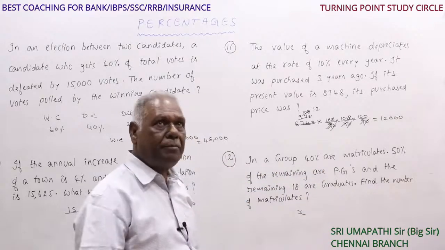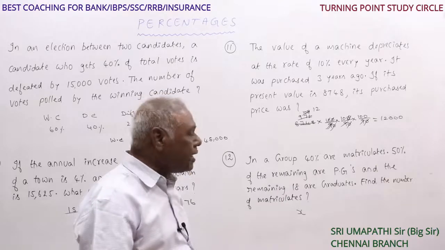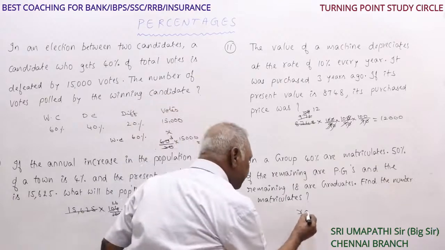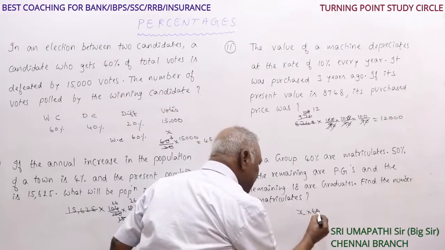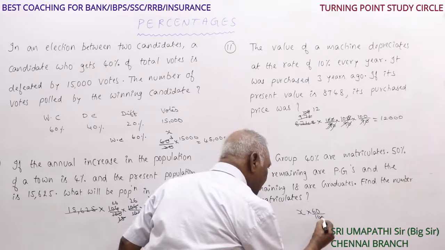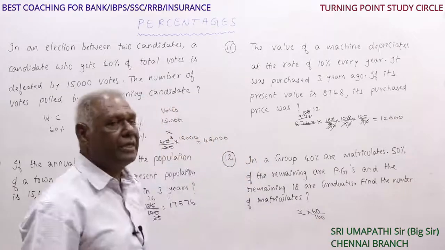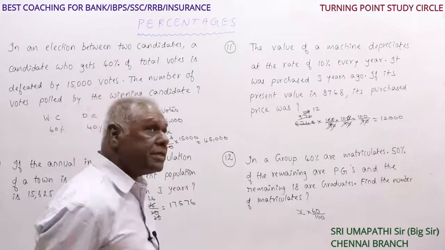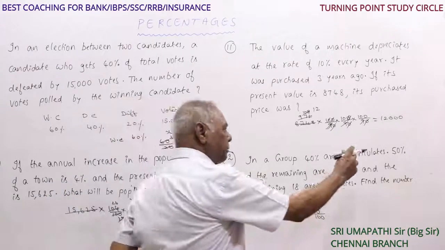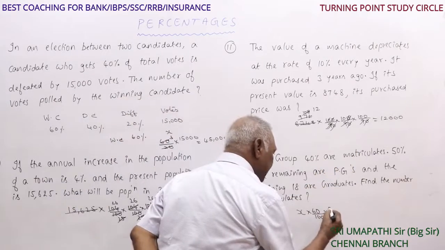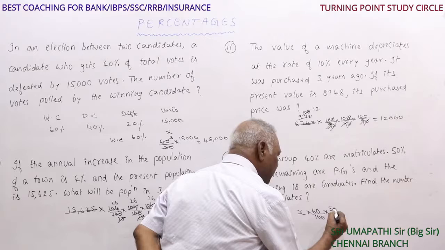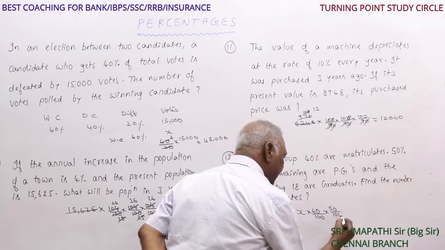So 40% are matriculates. What is the remaining percentage? It is 60 by 100. So be careful, you have to take the remaining percentage into consideration. 50% of the remaining, so into 50 by 100.